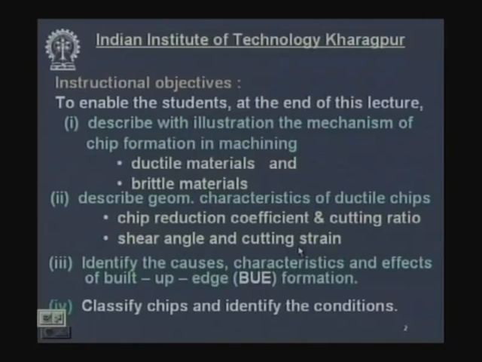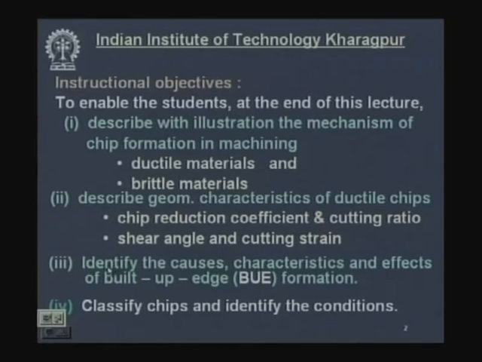Now what are the contents of the lecture today? Instructional objectives: after learning this subject, the students will be able to, one, describe with illustrations the mechanism of chip formation in machining ductile materials and brittle materials. Two, describe geometrical characteristics of ductile chips, that is chip reduction coefficient and cutting ratio, shear angle and cutting strain.